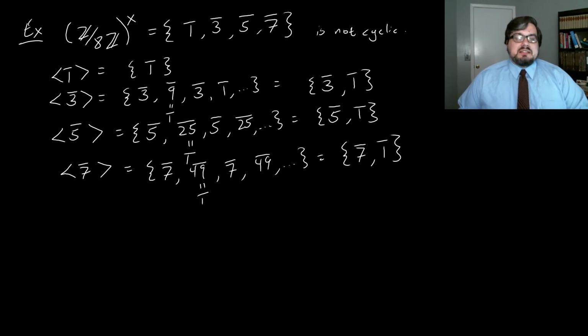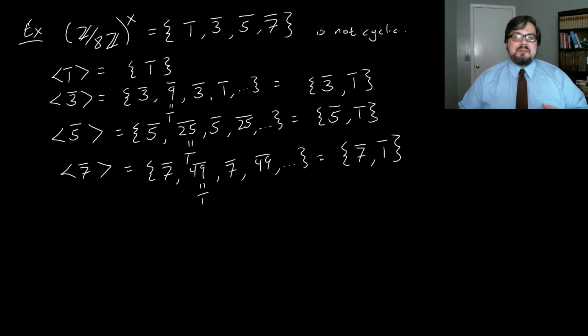It turns out that cyclic subgroups are going to be very important in one of our main goals that we're going to be approaching this semester. One of our main goals this semester is going to be classifying and describing all finite abelian groups. And it turns out that the building blocks of this description are cyclic groups.